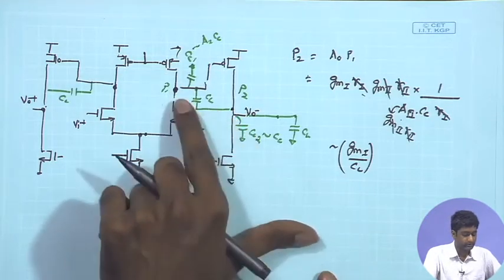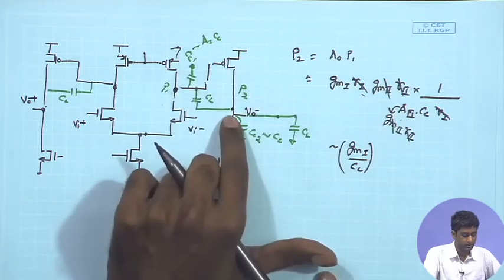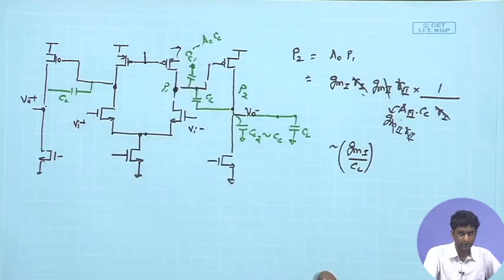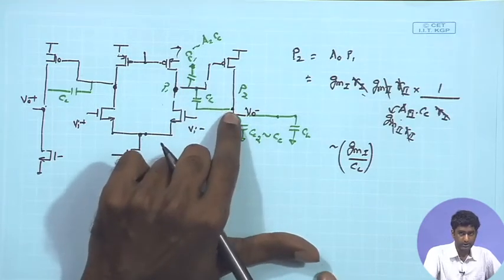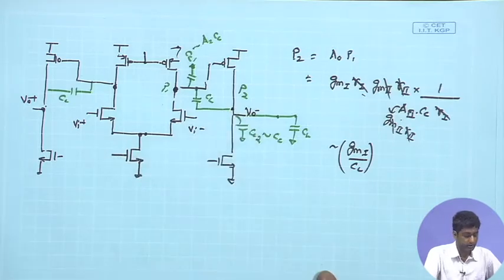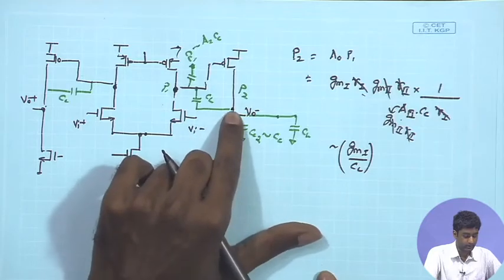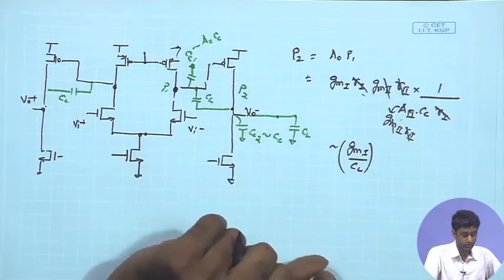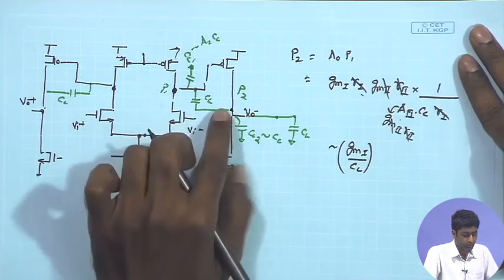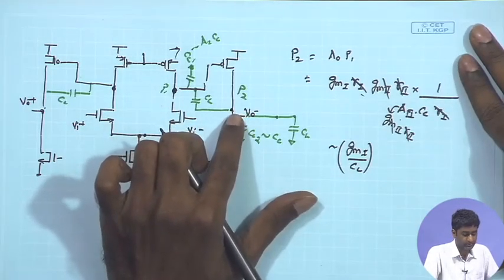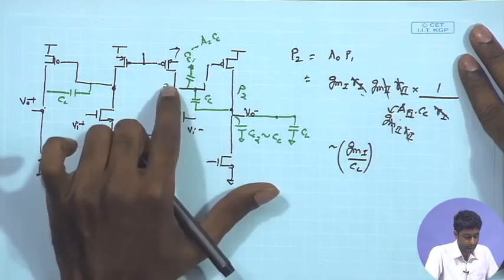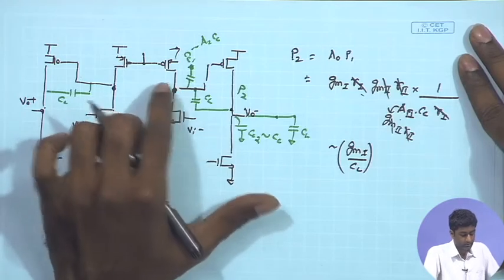But if you are looking at frequencies much beyond P1, there are certain effects coming because of the Cc, the impedance of the Cc going low, which is going to degrade the overall small signal impedance at this node, and let us see how it gives us an advantage in terms of compensation of the overall amplifier response. So, in order to look at the overall small signal impedance at this node at frequencies much higher than the first pole P1, we can draw the equivalent circuit.